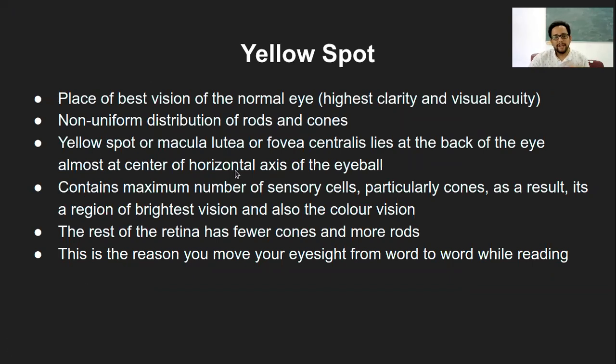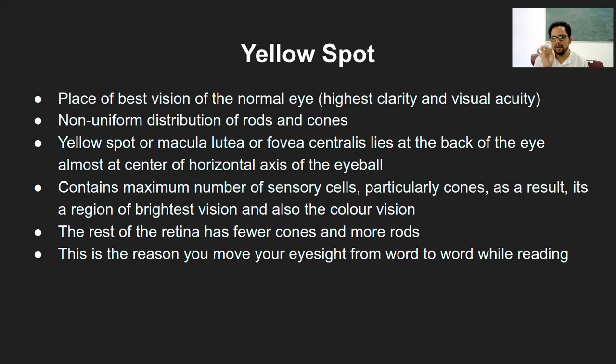And why it has the best sight is because it has the maximum number of sensory cells, particularly cone cells, because the cone cells are responsible for both color vision as well as bright vision. So when most of the sensory cells are present there, it is obviously going to be a very sensitive area, in terms of even a smaller amount of signal can give you a better picture.